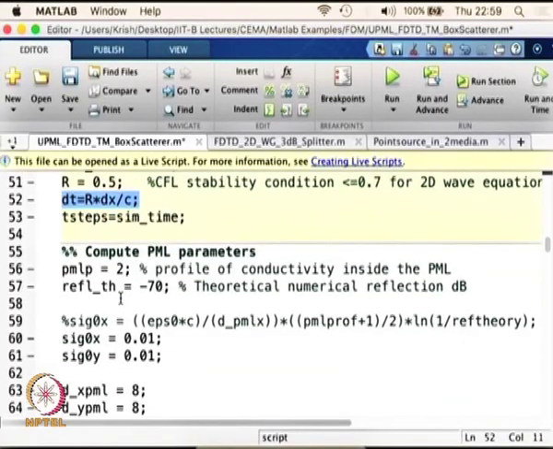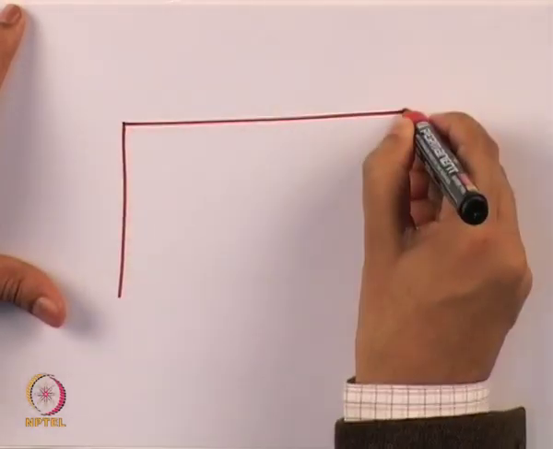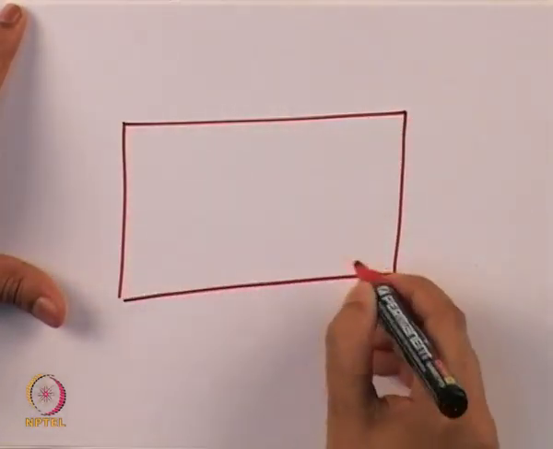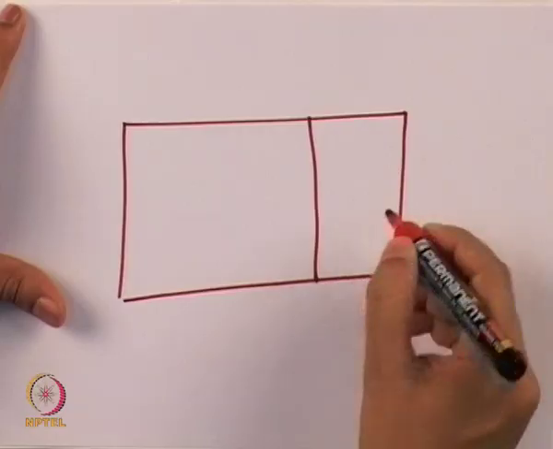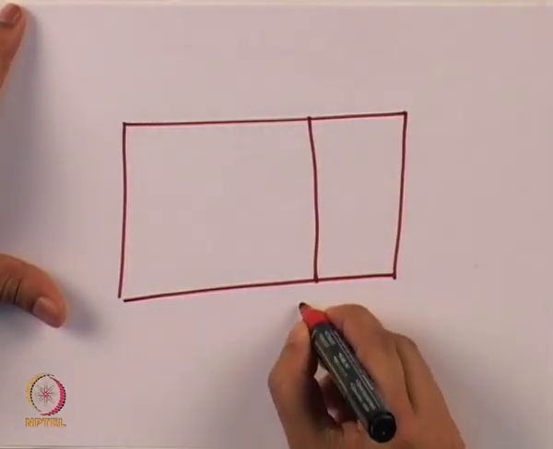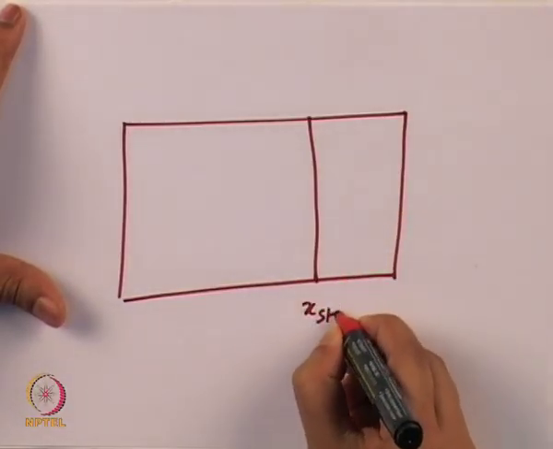We have set the value for the profile of the PML to be 2. So I will explain what it means in this particular illustration. Normally we get a PML that is going to start. Let us say we are talking about only an x oriented PML, and this is going to be the starting point of the PML, x start.